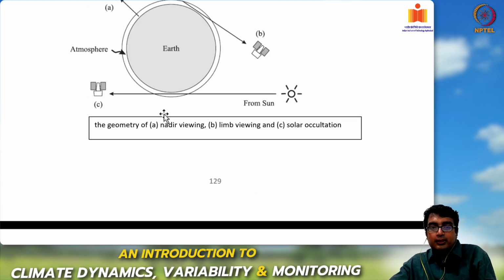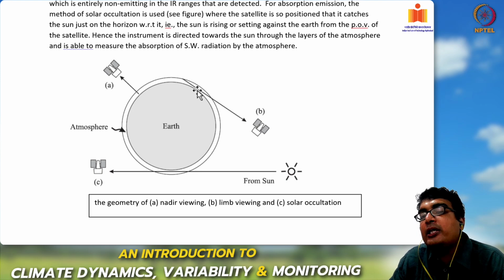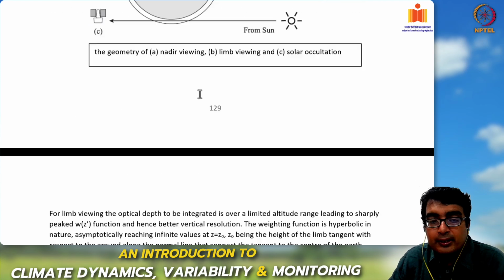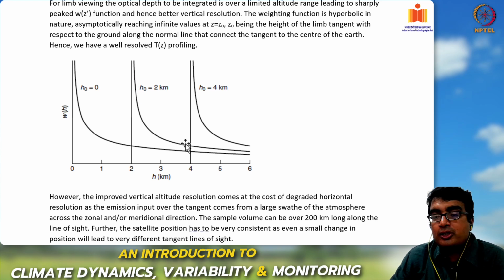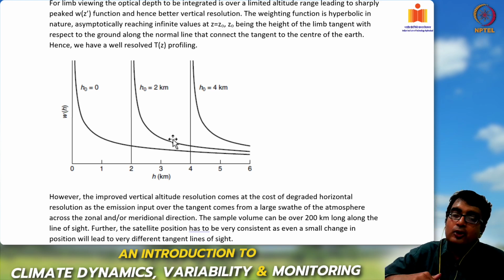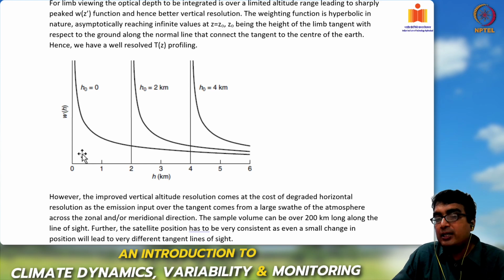So suppose the minimum distance of this line from the ground is 2 kilometers. Then the weighting function is asymptotic at 2 kilometers and goes down as we move to higher and higher kilometers. And because no z value below 2 kilometers is gained, there is no value here. Okay, similarly at 4 kilometers.